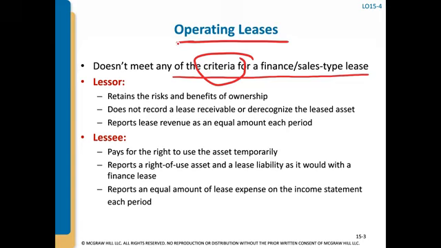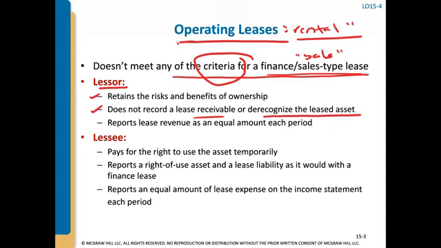So in an operating lease, it's more like a true rental agreement, versus a finance sales type lease, which is treated more like a sale of an asset. An operating lease is a true rental of an asset from the lessor to the lessee. And because of that, the lessor, who's the owner of the asset, retains the risks and benefits of the ownership, and does not record a lease receivable, and therefore does not de-recognize the leased asset.